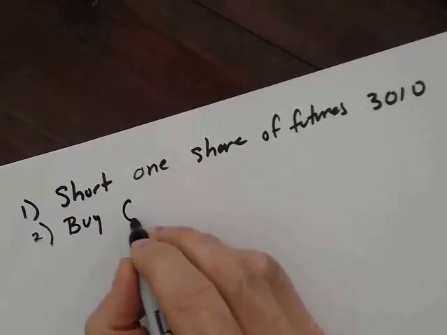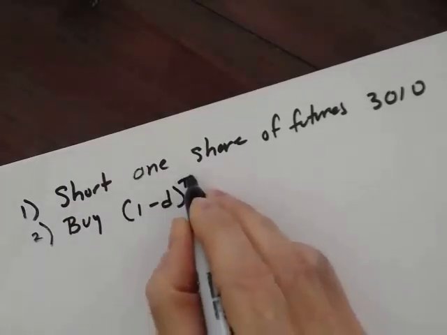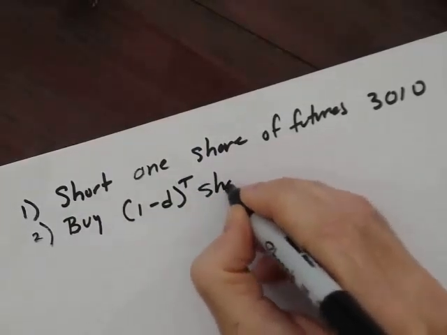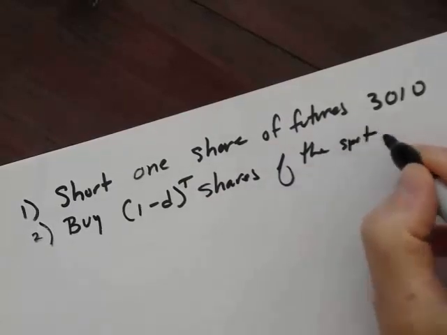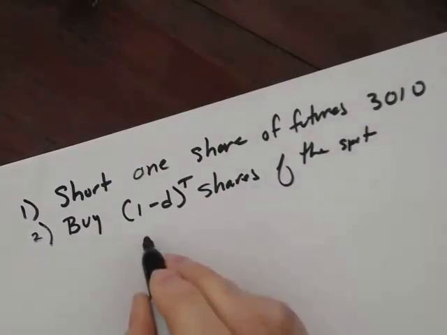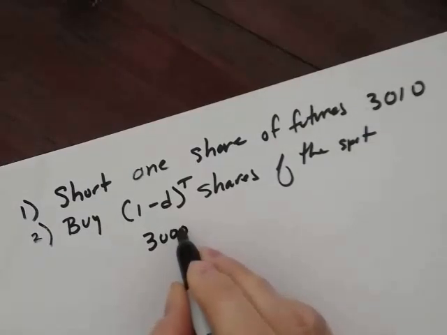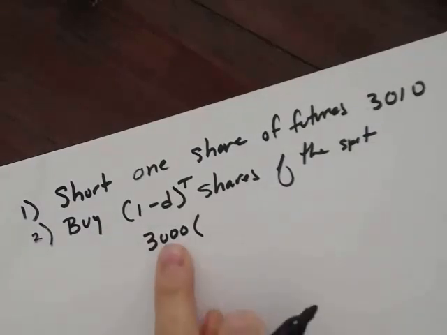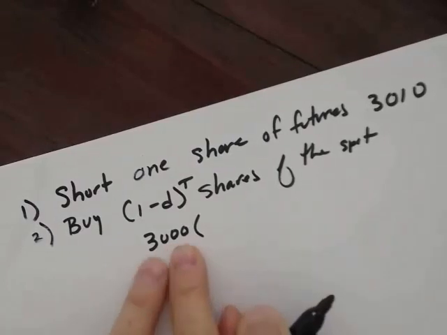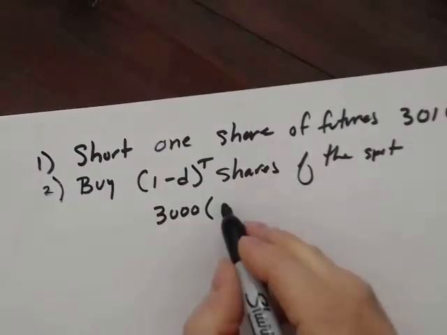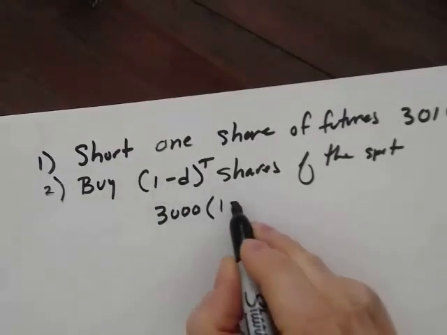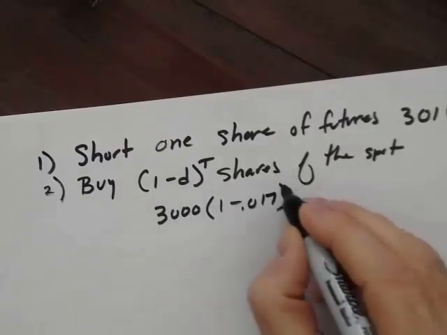Buy 1 minus d to the t power shares of the spot. So that means the spot is at 3,000, and you don't want to buy one share, because that would be one share at 3,000. What you want to do is buy 1 minus d to the 4/12.